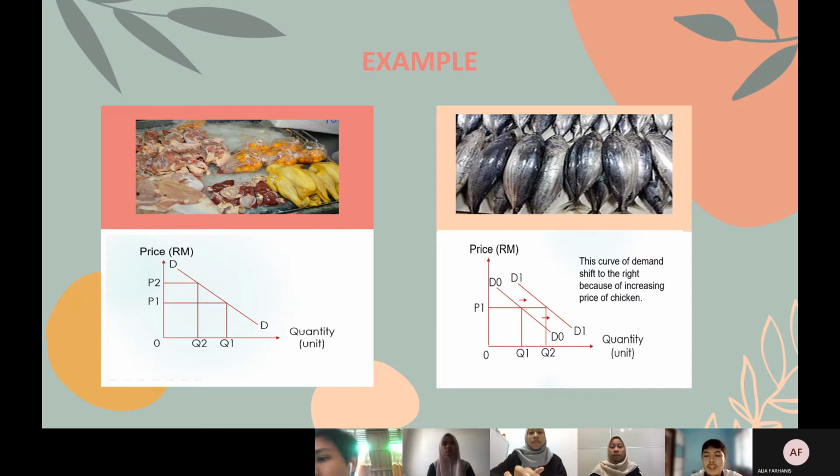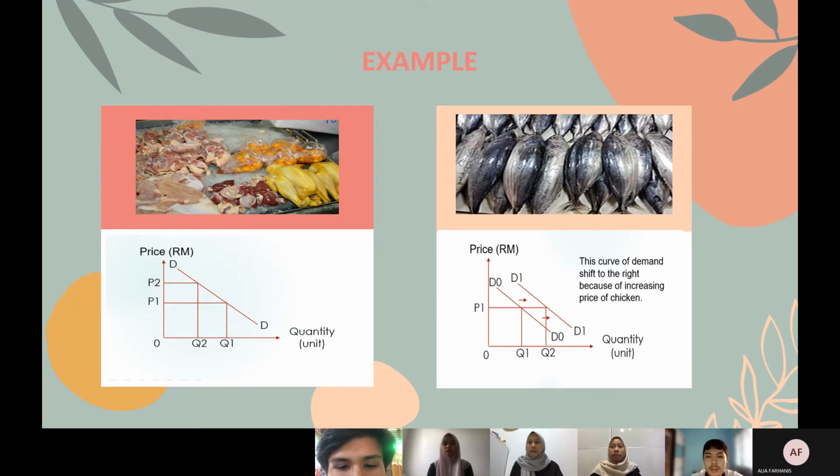The demand curve shifts to the right because of the increasing price of chicken. This shows that the elasticity of quantity demanded is greater than 1 because the relationship between good A, that is chicken, and quantity demanded of good B, that is fish, is positive.